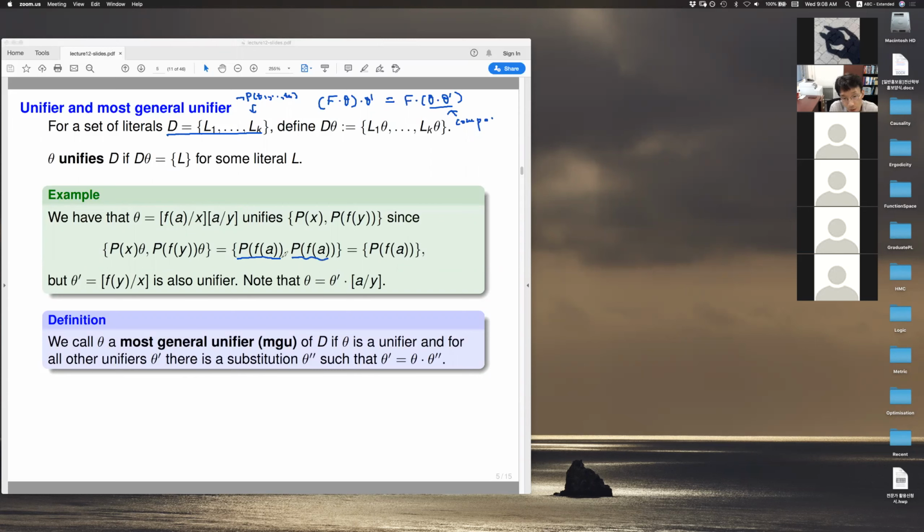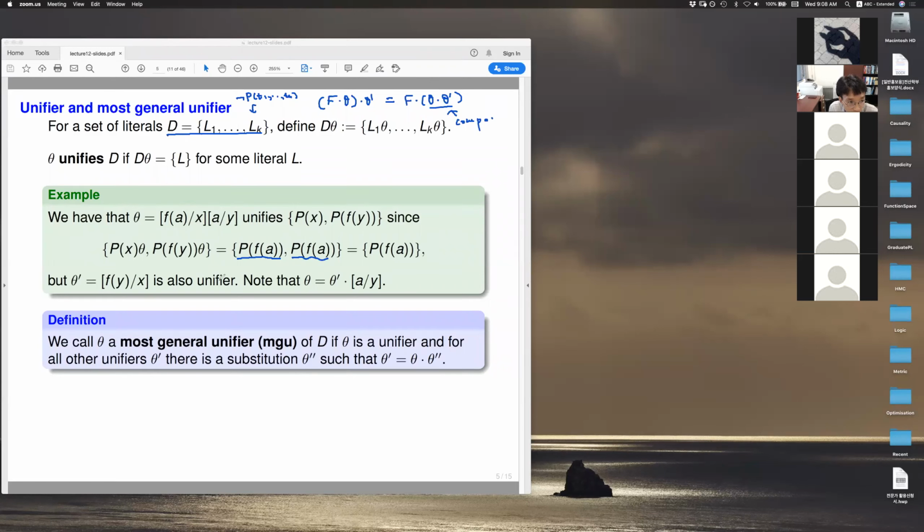So the two things become the same. That's why this substitution is called a unifier. And the idea of a most general unifier is that it's a unifier which makes as few assumptions as possible, which is as little specific as possible, or as general as possible.